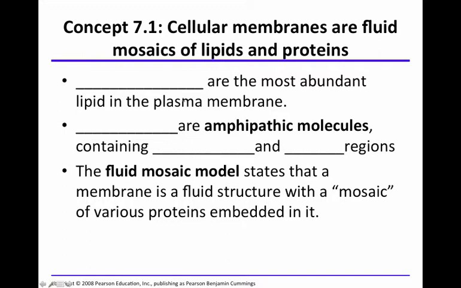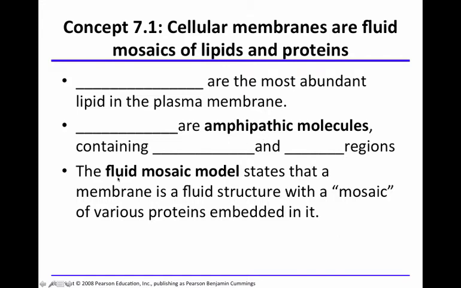So you should be able to fill in these blanks based on what you learned from previous lectures. Blank are the most abundant lipids in the plasma membrane. Blank are amphipathic molecules. What does amphipathic mean? They contain hydrophobic and hydrophilic regions.